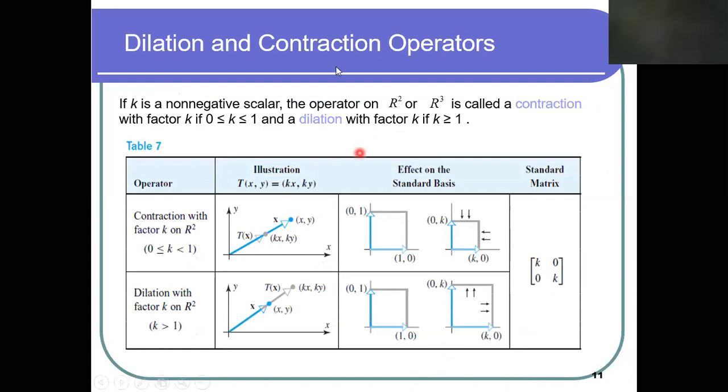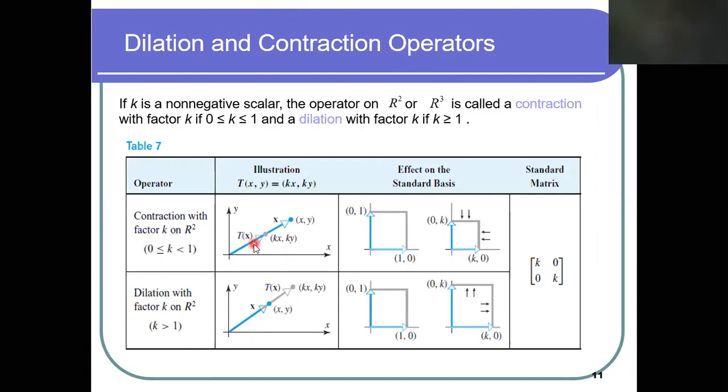Another linear transformation is dilation and contraction. If you have a non-negative scalar operator on R2 or R3 with k, if k is between 0 and 1, it is called contraction, and if k is greater than 1, then it is dilation. Contraction means your element will be squeezed, and in dilation your point will be moved from the initial point to another point far away from it.